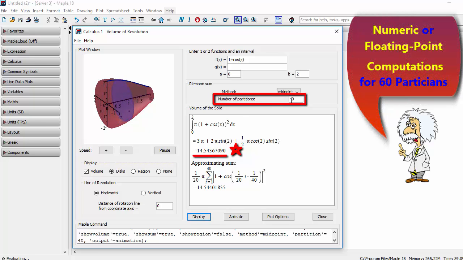Again, by increasing the number of partitions, disks, for this volume, for example, for 60 partitions, disks, we can obtain the following amounts.